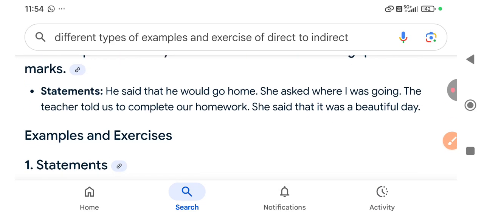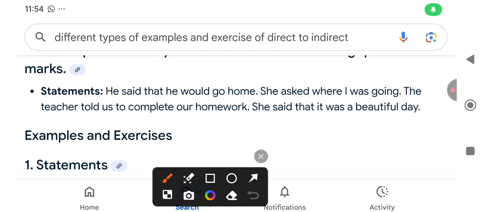So she asked where I was going. You becomes I, are becomes was, because are has to change into past tense. So am becomes was going, right?